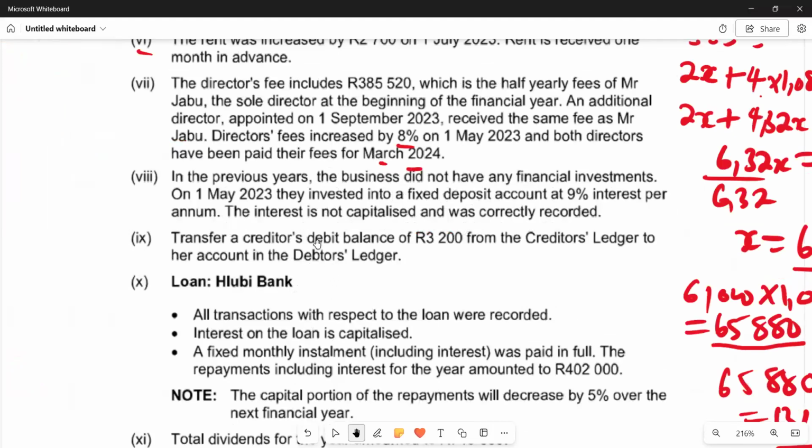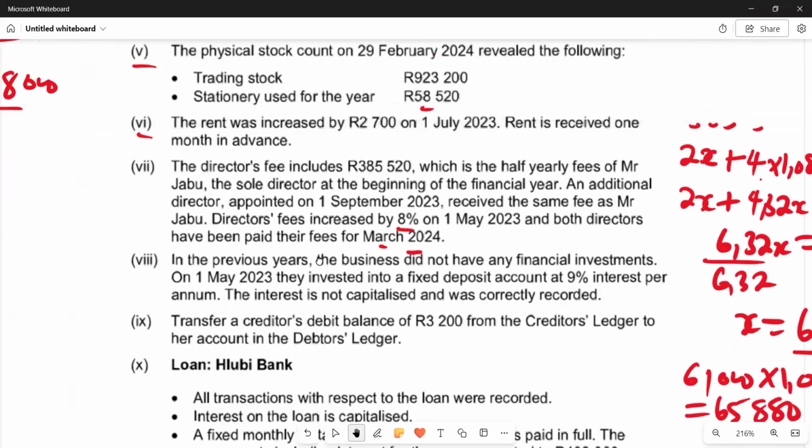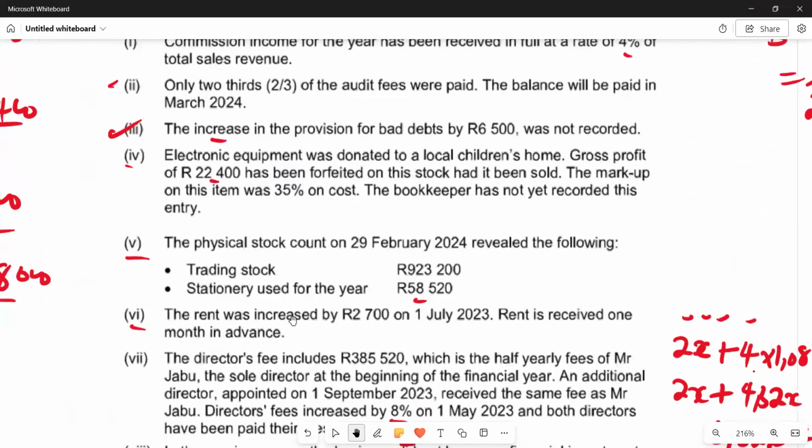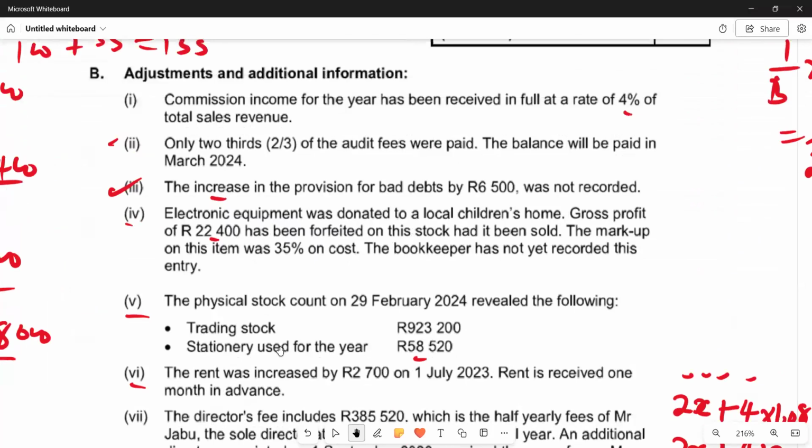Let's just try to see. Right, if you go to item 3, it's saying the increase in provision for bad debts by 6,500 was not recorded. So we are just going to pick this figure and put it there as our provision for bad debts adjustment, 6,500.